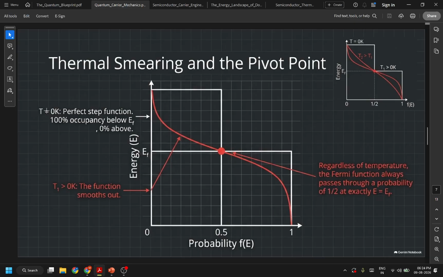At T equals 0 Kelvin, it was perfectly a step function, 100% occupancy below EF, 0% above. And as you increase the temperature, the function smooths out. But regardless of temperature, the Fermi level always passes through a probability of half at exactly E equals EF. So when energy is equal to EF, the probability is always half.